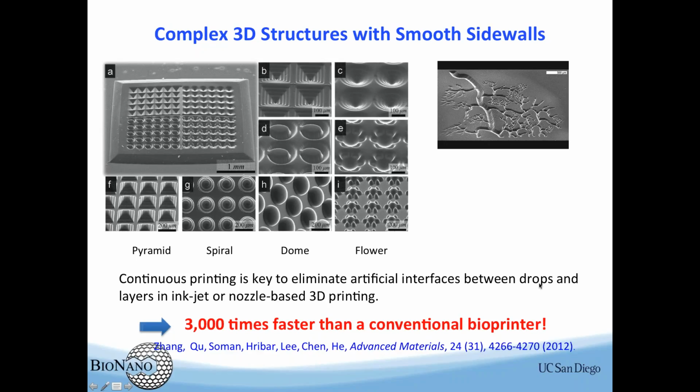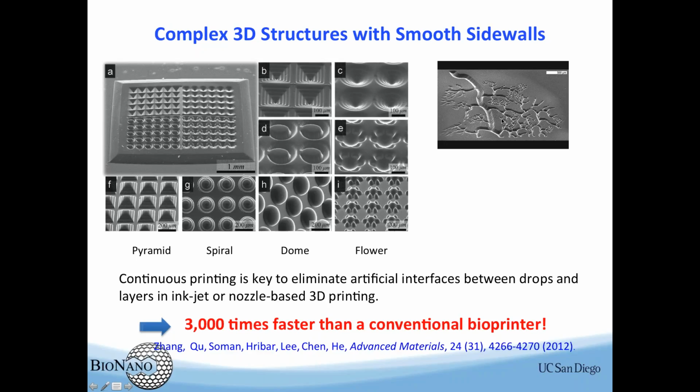These interfaces between the drops and the layers often cause structural integrity issues, especially if they are not well-fused parts. If you do a pulling test, these artificial interfaces tend to fail first. But with continuous printing, you can create a very integrated part without these artificial interfaces.